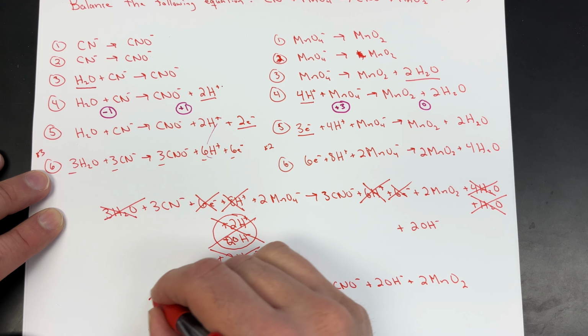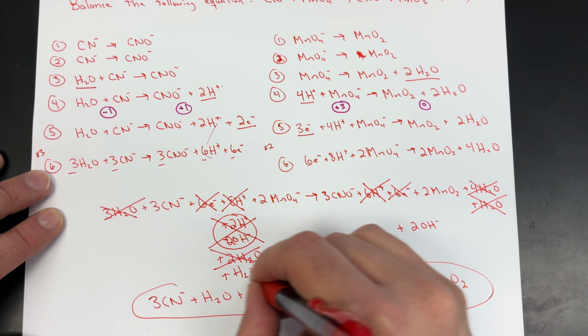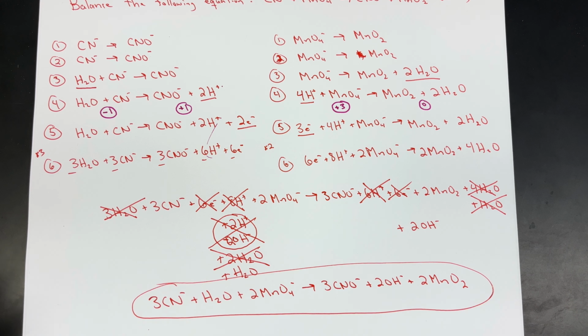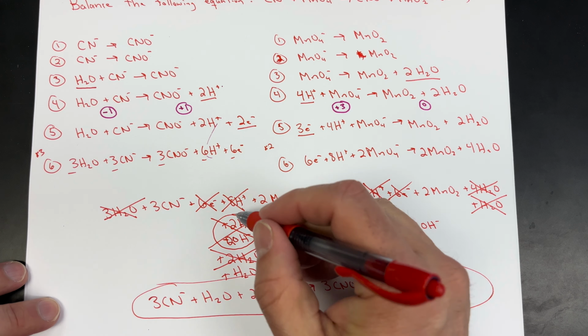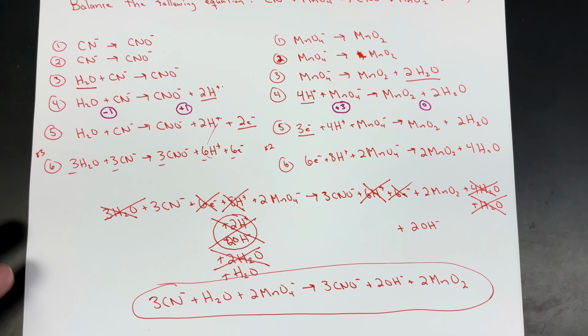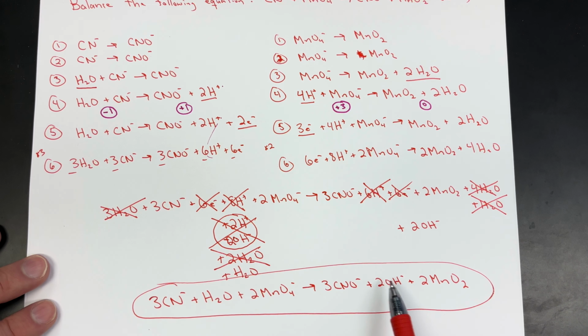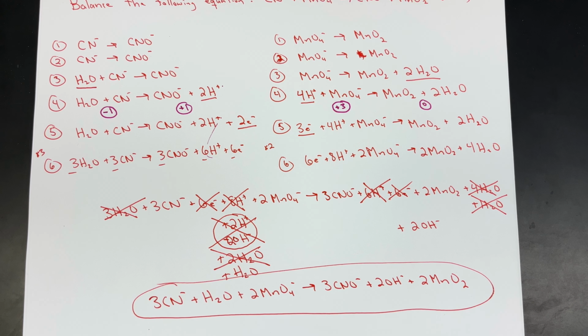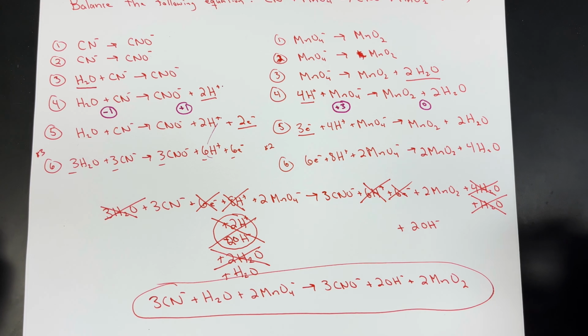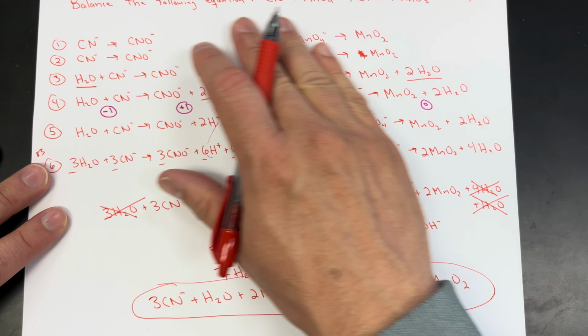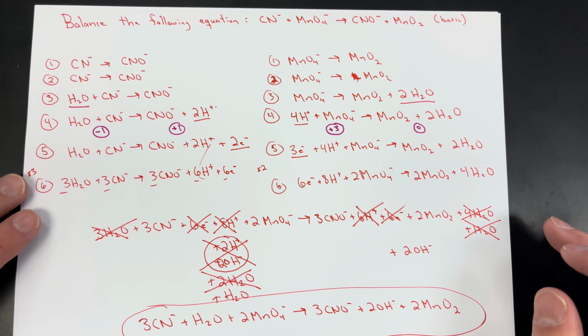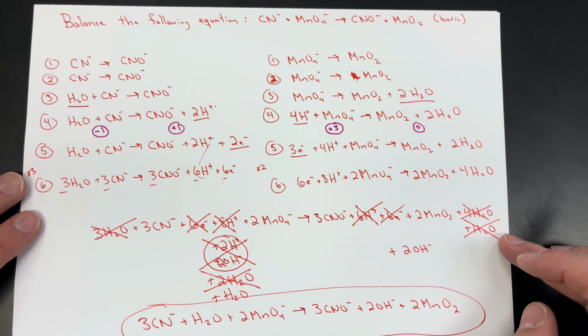This is your complete answer. And as you can see, it's no longer an acidic solution. There's no protons present. In fact, you see the basic stuff by seeing these hydroxide ions. And this is how you solve the problem for balancing this equation through the method of half reactions.